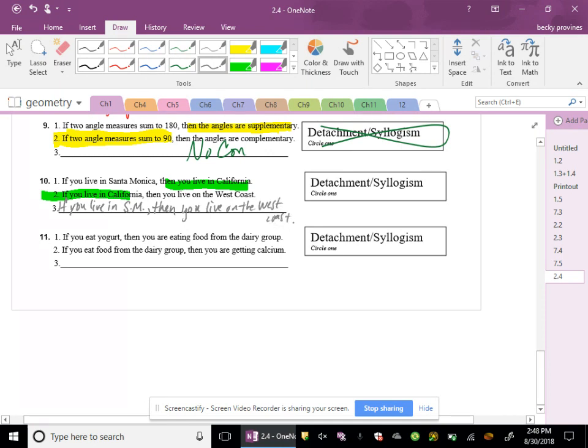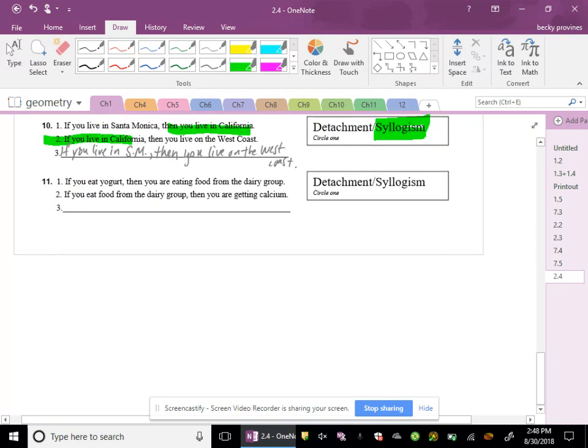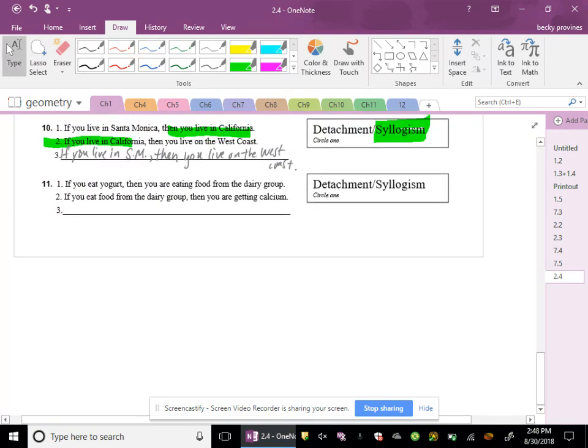Okay, what law do you think I used here? Hopefully you're saying syllogism.